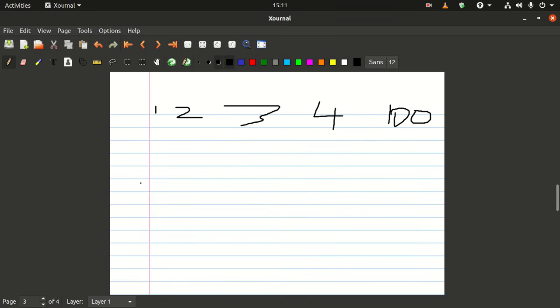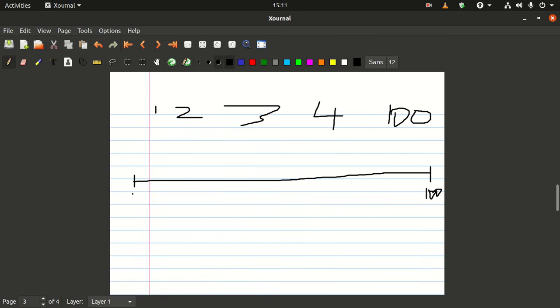Now, suppose I had a number line. The number line moves from 1, 2, 3, 4, 5, 6, 7, 8, 9, 10 up to 100. Here I have 100.